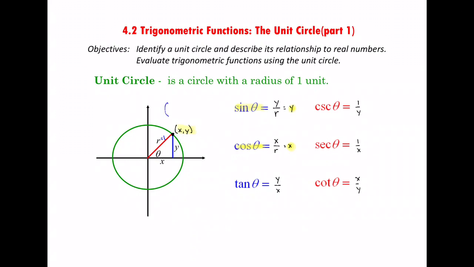So this ordered pair we could rewrite as cosine of theta comma sine of theta. That ordered pair on the unit circle will always be cosine theta comma sine theta, as long as you're on the unit circle. Now, if you're not on the unit circle, that ordered pair would represent something different. It wouldn't be cosine sine. So as we move forward here, we've got to remember that this is on the unit circle that we're talking about.